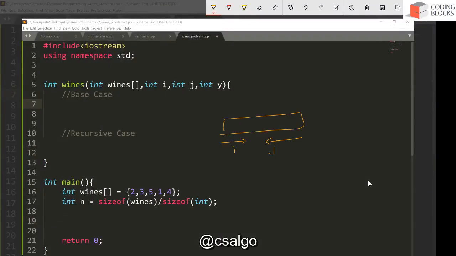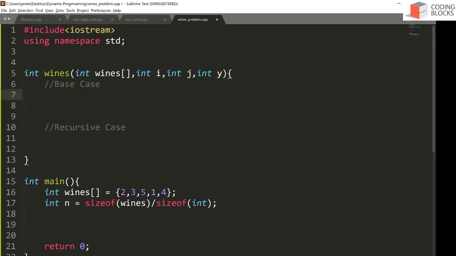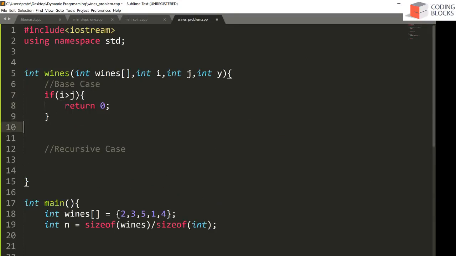So in the worst case no bottles are left, which happens if i overshoots j. If i becomes greater than j, your profit will be 0. This forms our base case, so if i is greater than j, let me return 0.